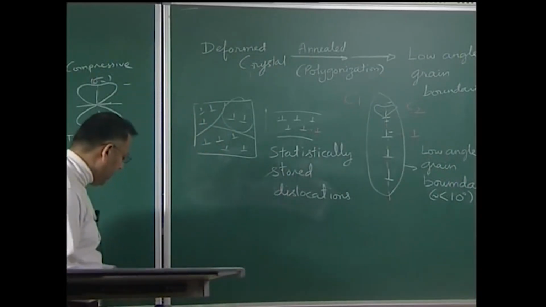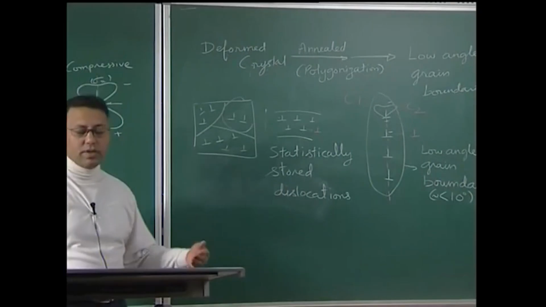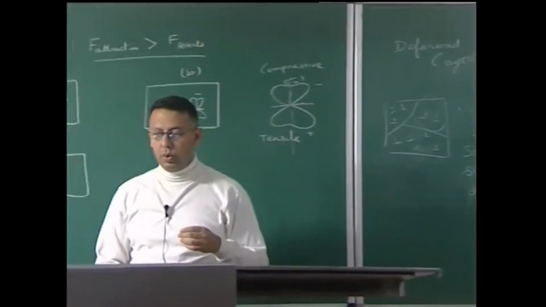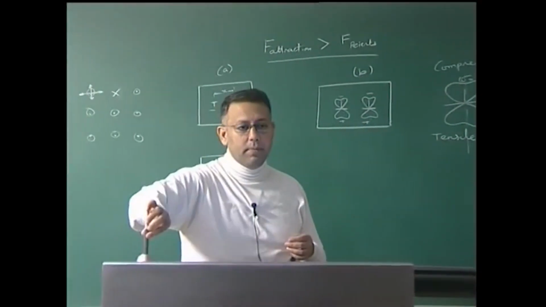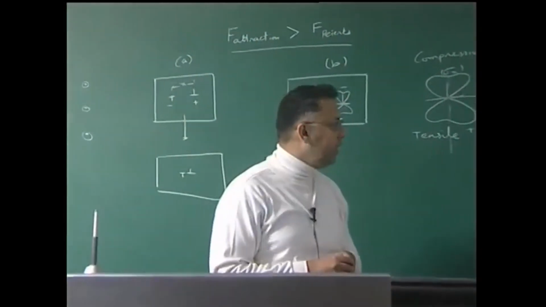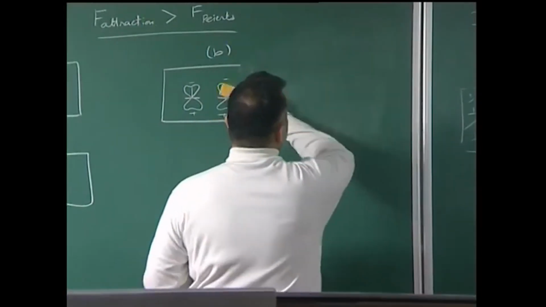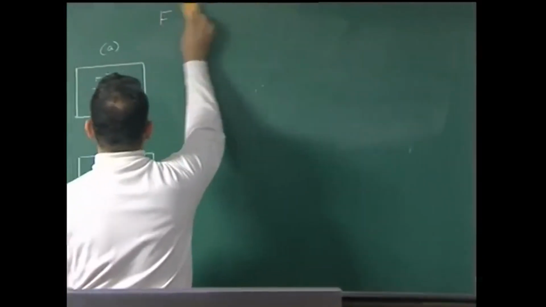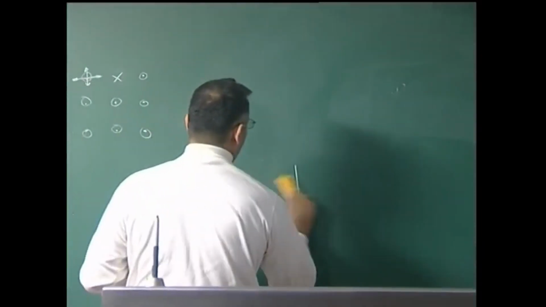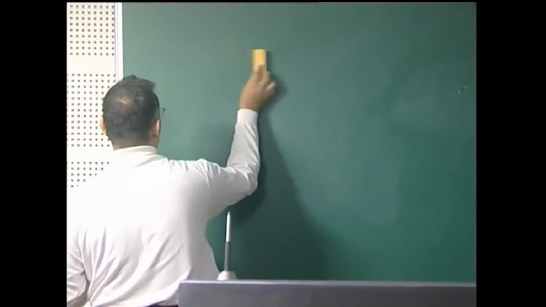So, for other kinds of structural vis-a-vis statistically stored defects, like a vacancy, for instance, when I am talking about vacancies, again I can have structurally stored vacancies, or I can have statistically stored vacancies.